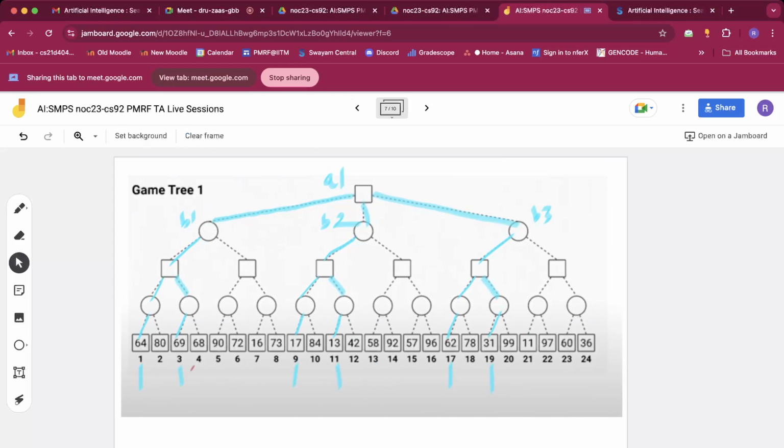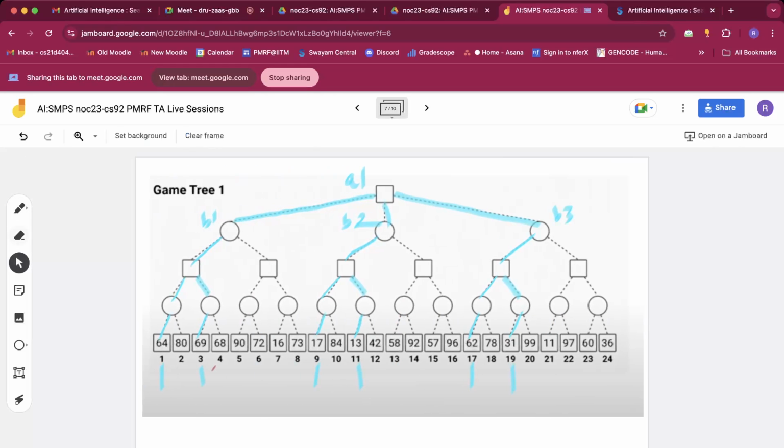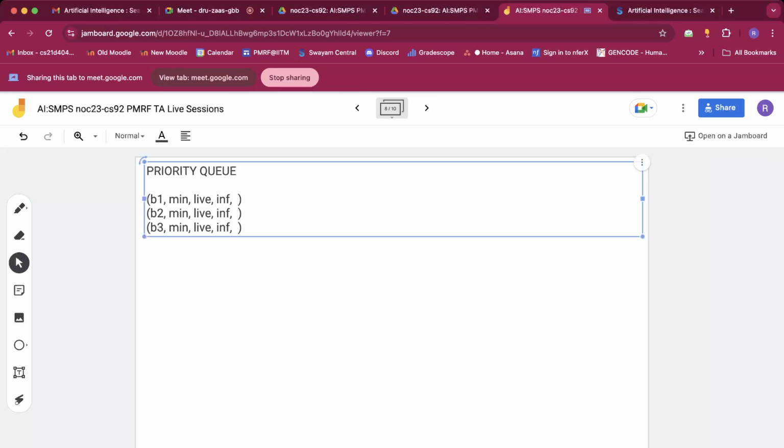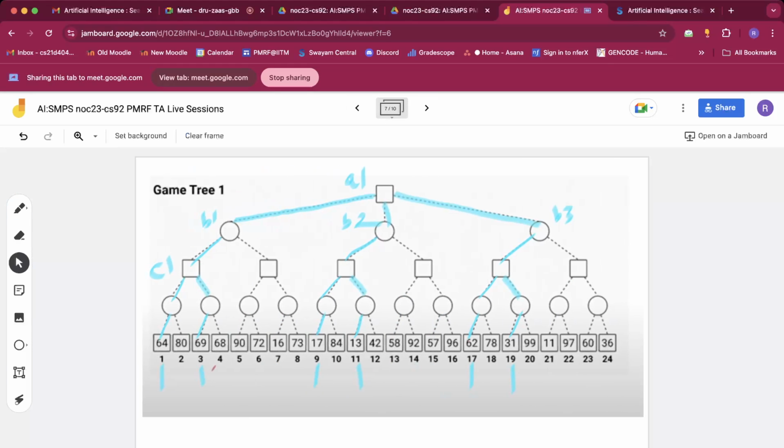After B1 we will look at C1. Remember, this was C1. So we will pop B1 and we will include C1, which is the leftmost child of B1.